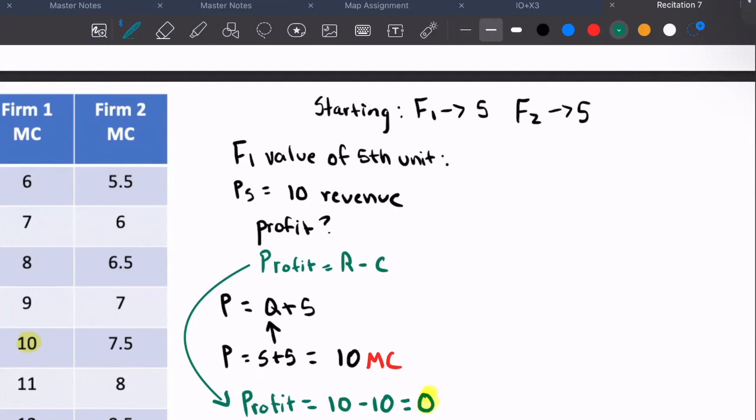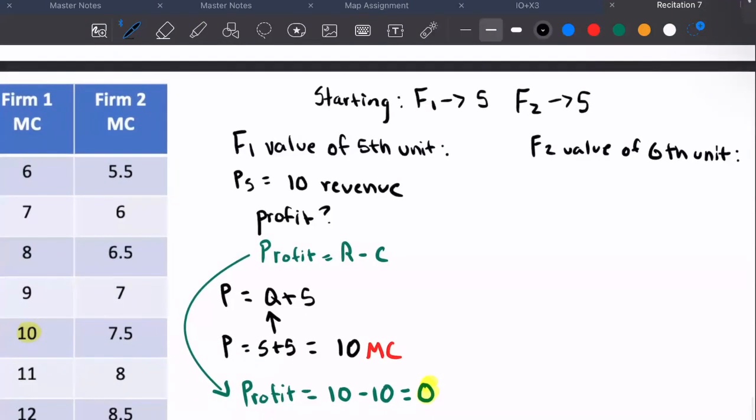So with that said, let's figure out firm 2's value of the 6th unit. In other words, how much would firm 2 be willing to pay firm 1 for a 6th unit? Again, the price that they're going to receive is 10, so their revenue is going to be 10.